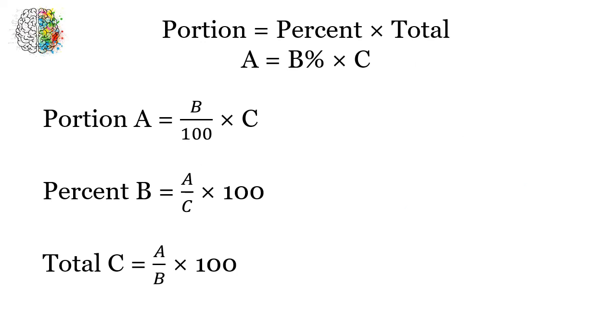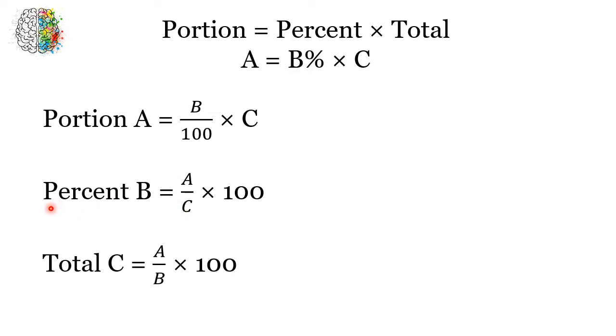So here I have the three equations that you're going to want to remember when you are solving percentage problems. If you're solving for a portion of the total, you're going to put the number that they give you as a percent, divided by 100, times the total amount that they give you.